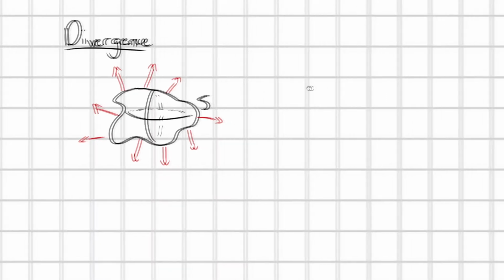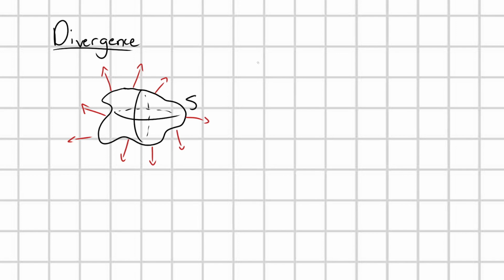And what we can do in math is define a concept called flux, right? Flux is simply referring to, imagine that you summed up all of the contributions of these vectors pushing out on the surface S. Flux is capturing that idea.